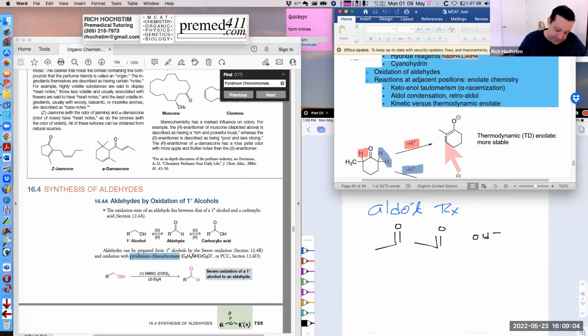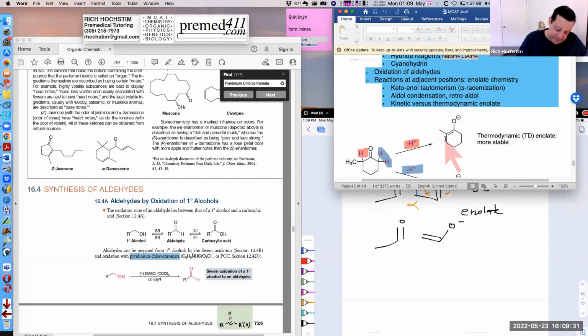This hydrogen over here is going to be abstracted because it's an alpha hydrogen. These electrons go here and these go up like that. We've seen this. And then we get this over here, and this over here like this. So this is going to be our enolate.